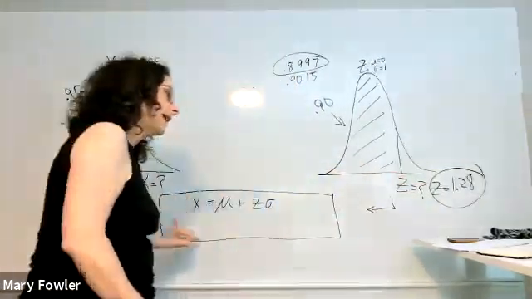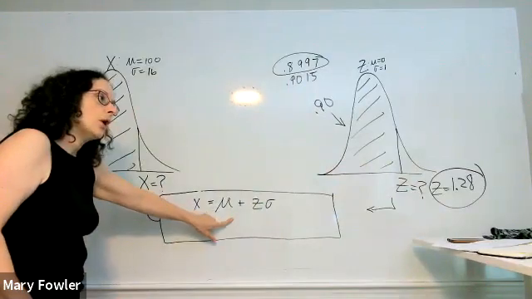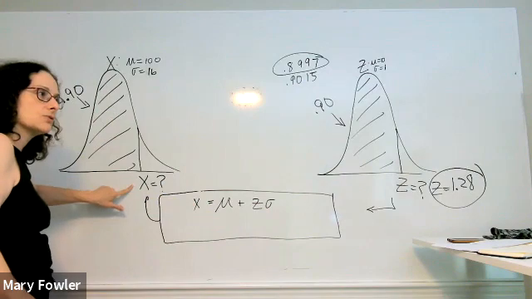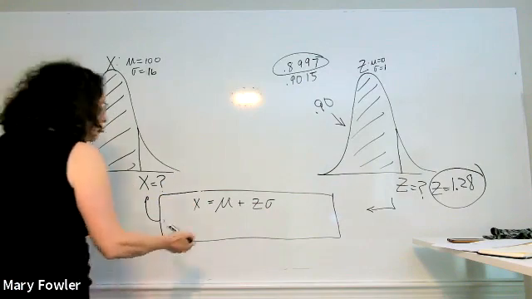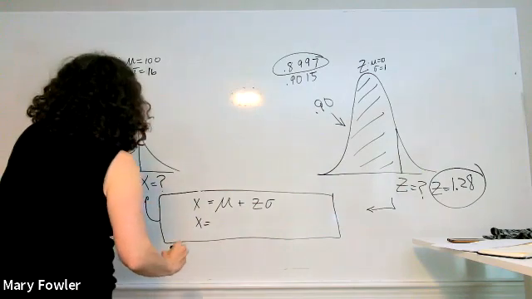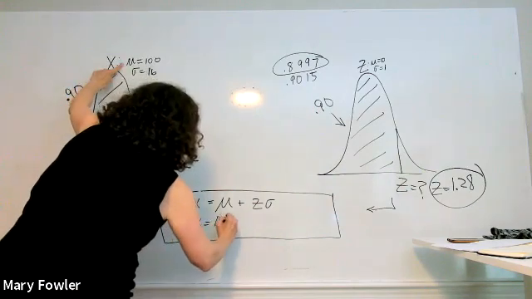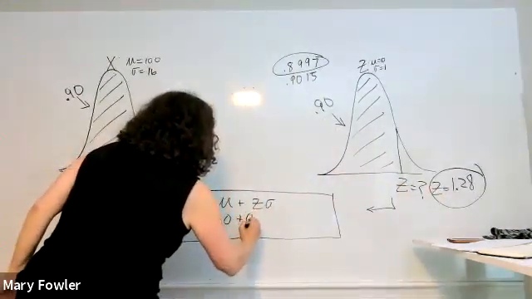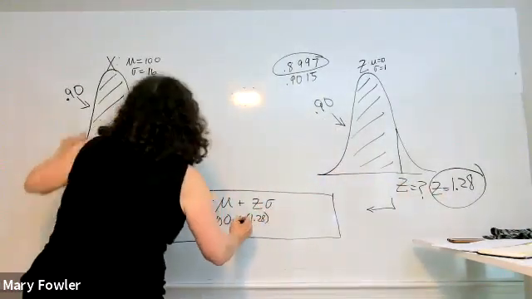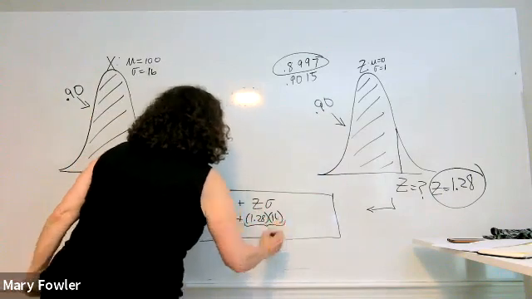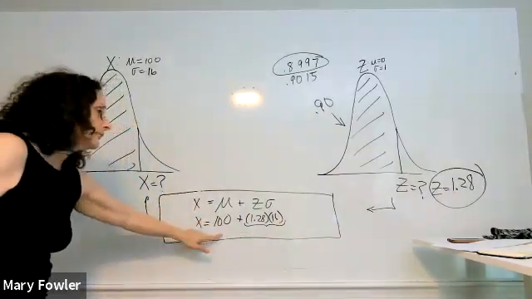Let's take that 1.28, work on this bus going in the other direction, and find out what that score is over in the x world. So x is equal to mu, which is 100, plus z, 1.28, times sigma, 16. Don't forget order of operations, guys: we have to do the multiplication before the addition.